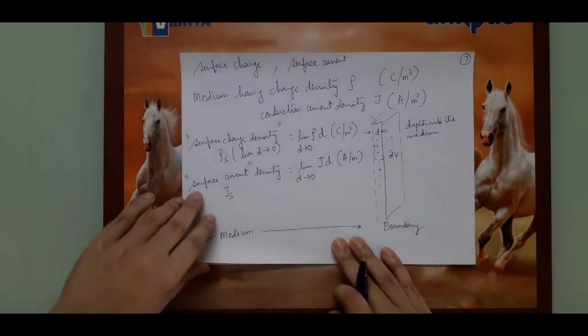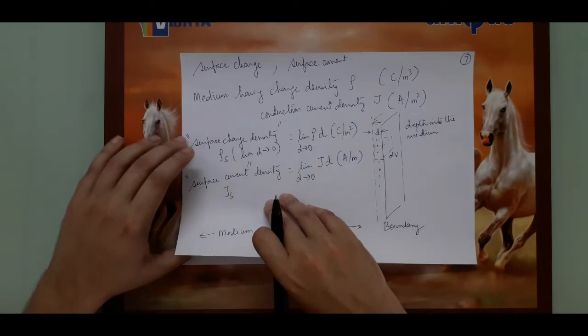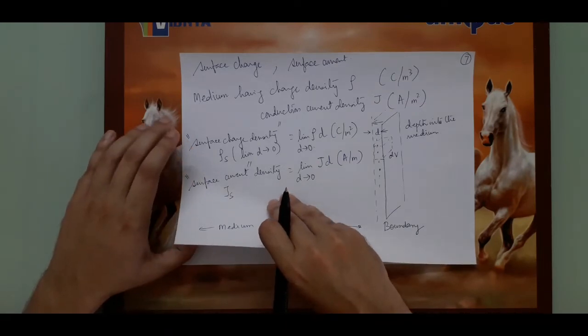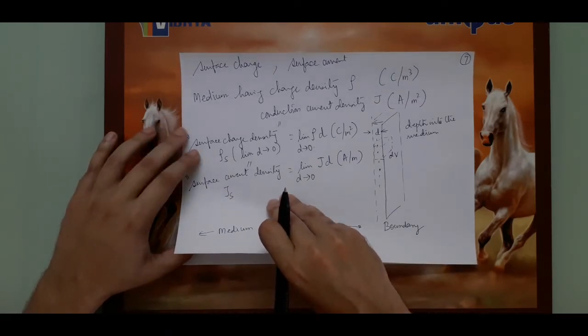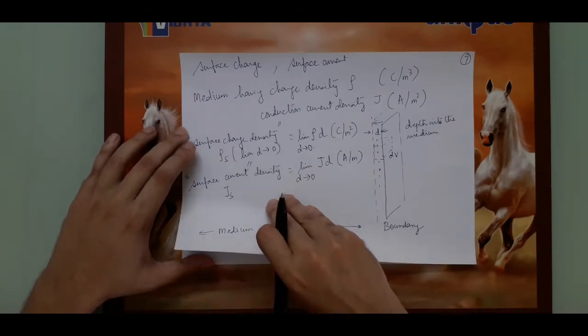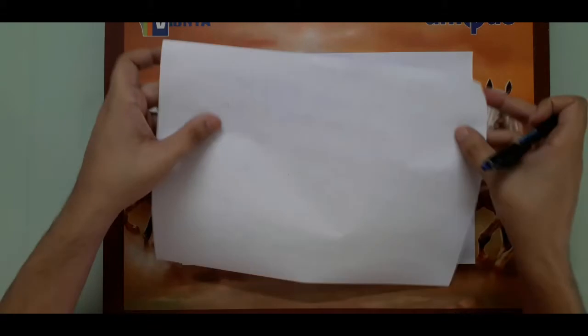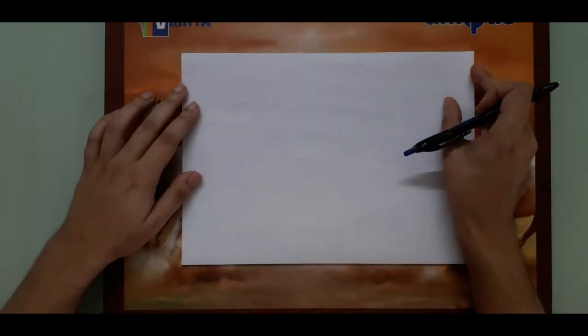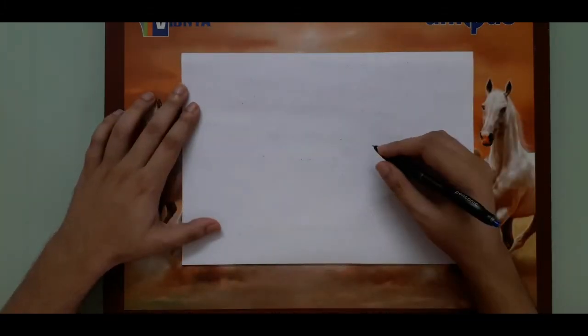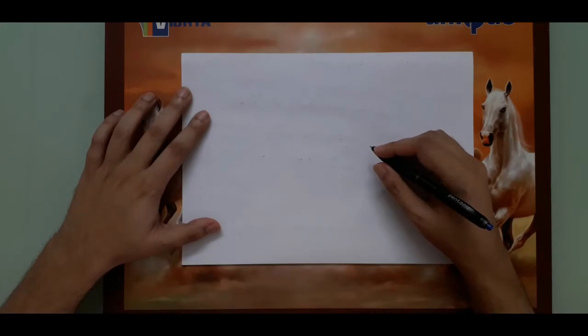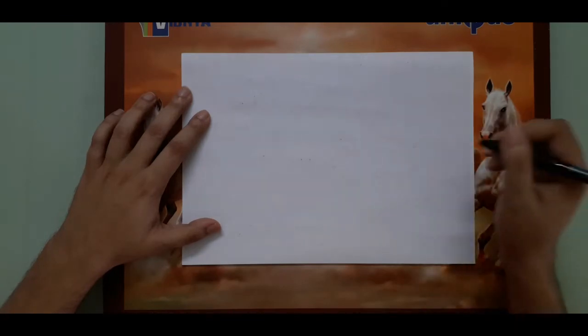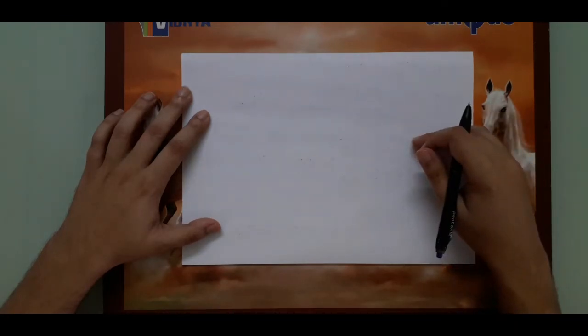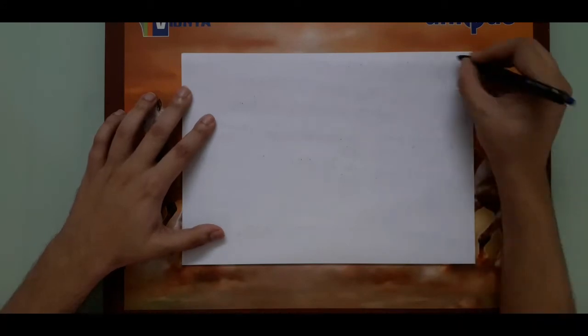So now, having established the 4 Maxwell's equations and the concept of surface charge and surface current, let us now see how the fields, that is to say electric and magnetic fields, change at media boundaries.